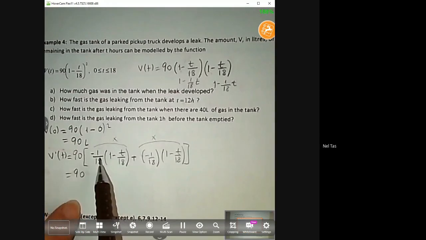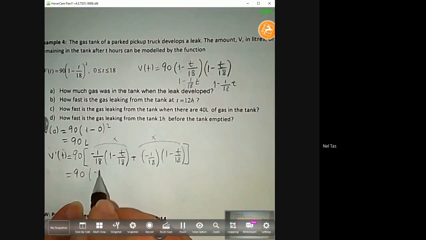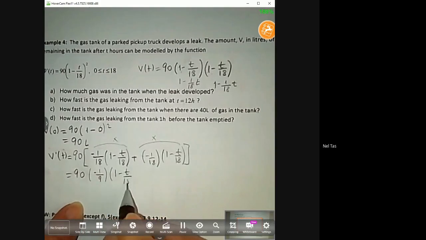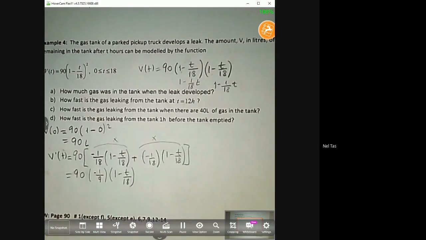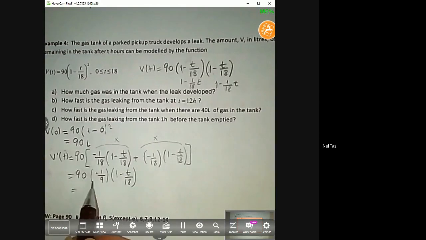So 2 times 1/18 gives you 1/9. So negative 1/9 times (1 - t/18). If you simplify this, 90 divided by 9 gives you 10. So negative 10(1 - t/18) is the derivative function.